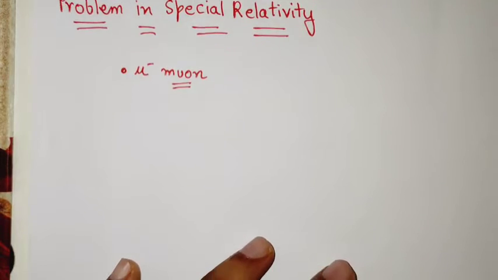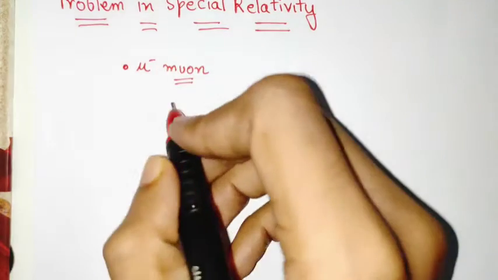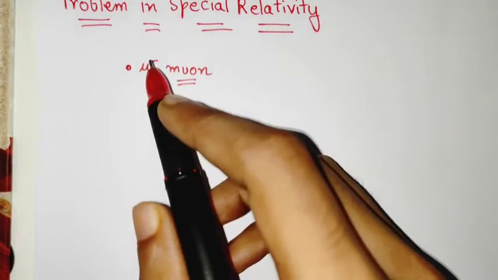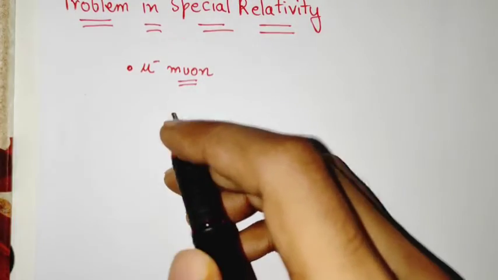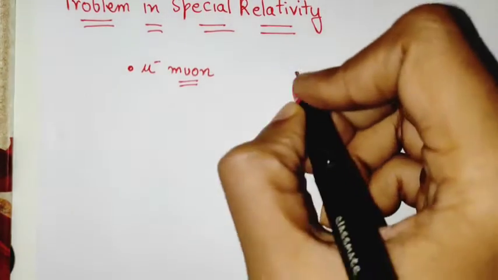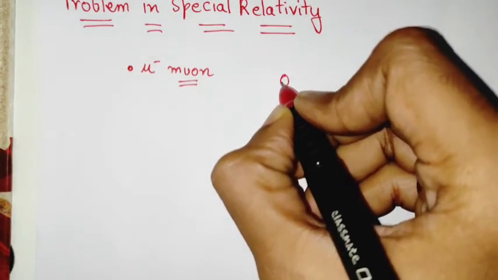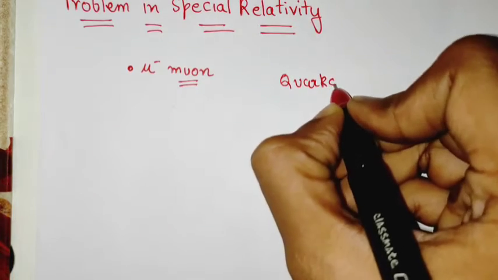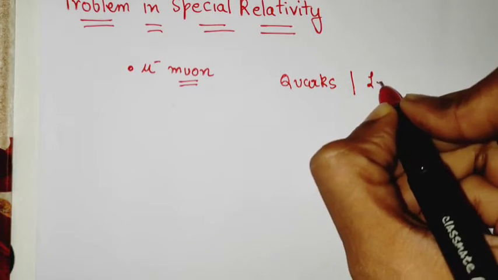So, we will be discussing muons, which are leptons, a heavier family of electrons. In our standard model we have quarks and we have leptons.